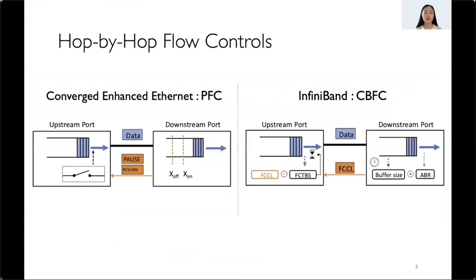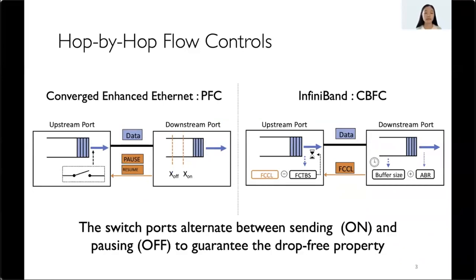Lossless networks rely on hop-by-hop flow controls to guarantee zero packet loss under normal operations. Converged Enhanced Ethernet employs priority flow control (PFC). InfiniBand develops credit-based flow control (CBFC). Both PFC and CBFC work in the same way to guarantee the drop-free property: the switch ports can alternate between sending and pausing.